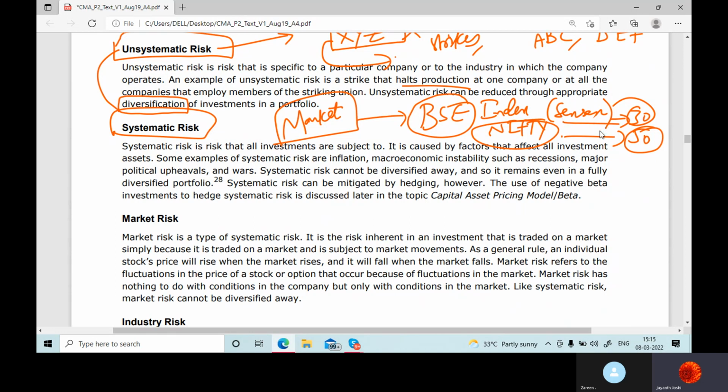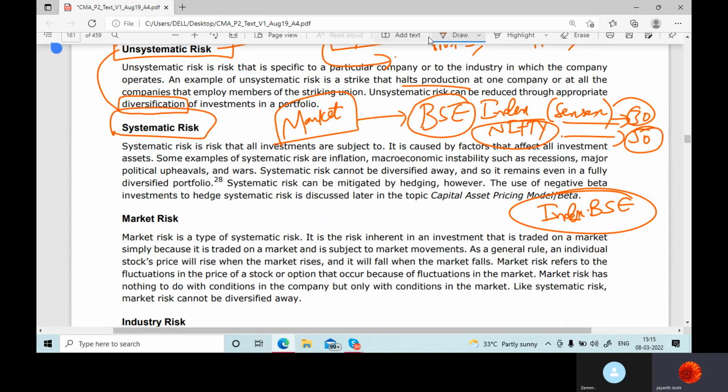You can buy an index stock, which would be based upon the net asset value of the entire Sensex. If you buy the BSE index stock, that would be nothing but a combination of all 30 companies combined.